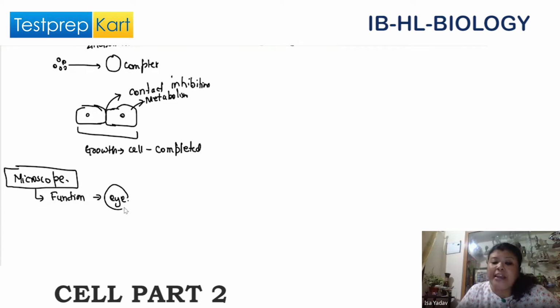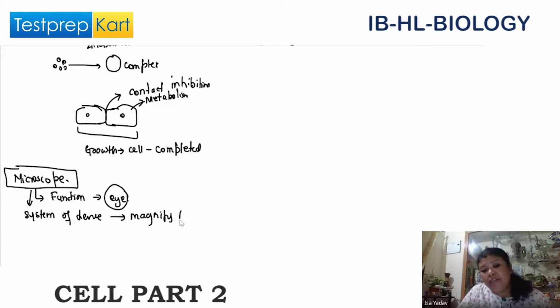In our eye, when the light falls on the retina, a real inverted image is formed. In the microscope also, a real inverted image is formed. A microscope will have a system of lenses, and this system of lenses will magnify the image that we want to see.